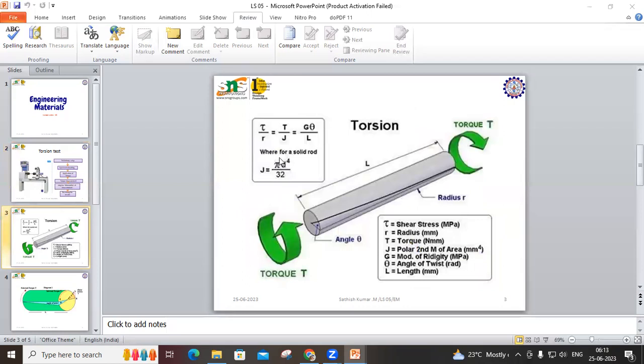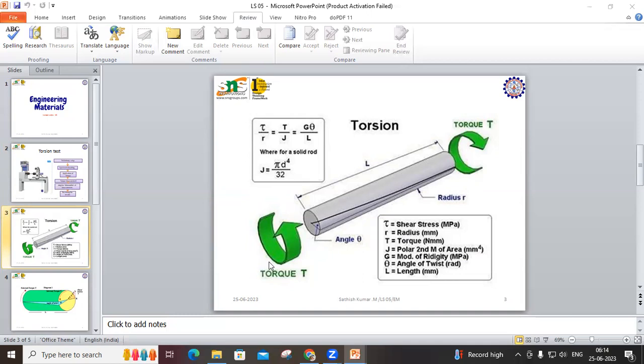Here we have the formula tau by r equals T by J equals G theta by L, where J is the polar moment, tau is the shear stress in the rod, r is the radius, G is the modulus of rigidity, theta is the angle of twist, which is 0 before twist and some angle after twist, and L is the total length of the rod.